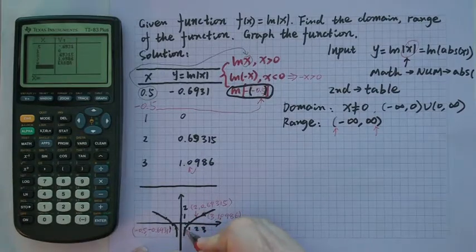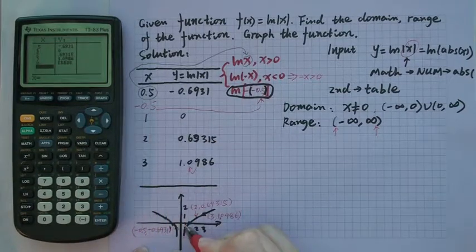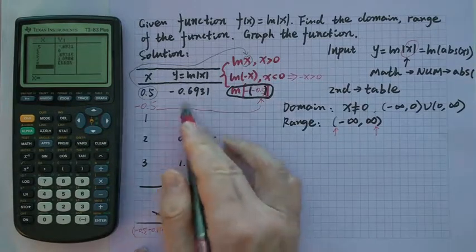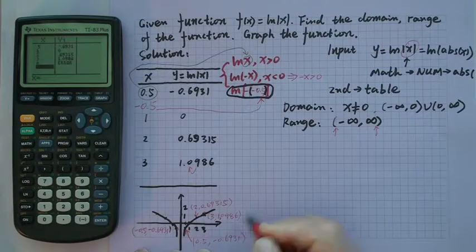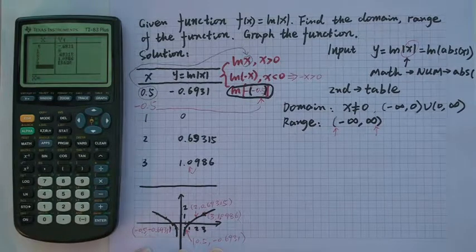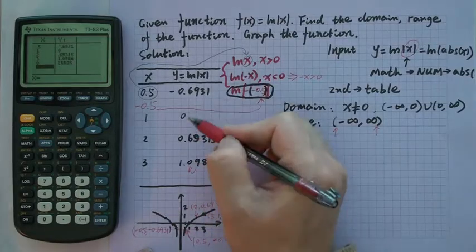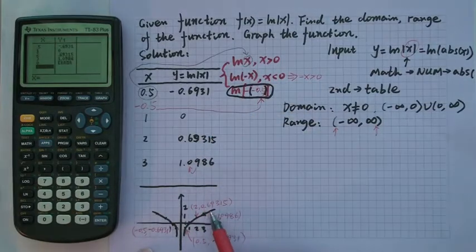And for this point, x is 0.5, y is negative 0.6931, again about negative 0.7, so it's right here. So you have 1, 2, 3, 4 points. You connect them, and you shall have a picture right here.